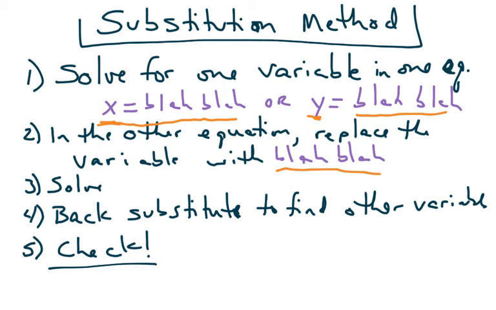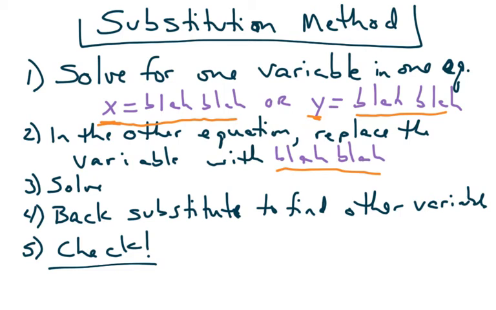It's just like going through your English papers and replacing words with some bigger words that might make it sound better and might take up more space. Instead of calling it blue, I'm going to call it aquamarine. So I pull out the word blue and I replace it with aquamarine. I'm going to do the same thing here. I'm going to pull out one of my variables and replace it with that expression, the blah blah stuff.